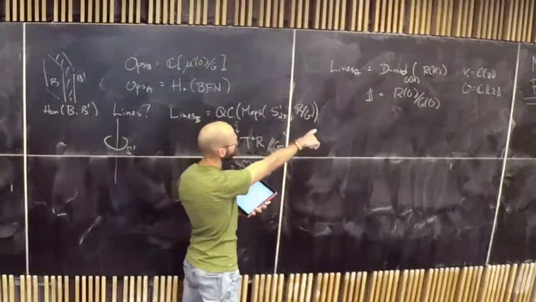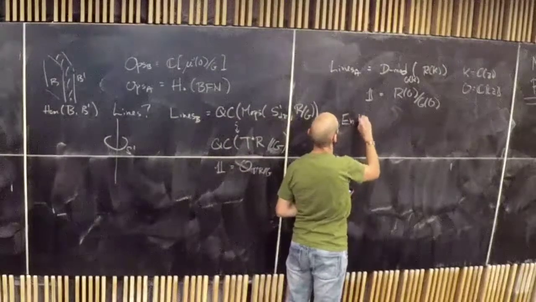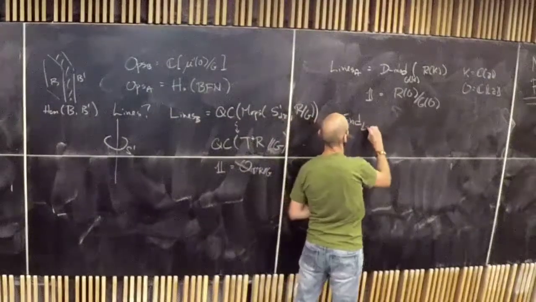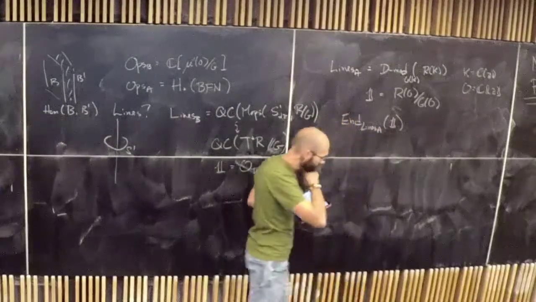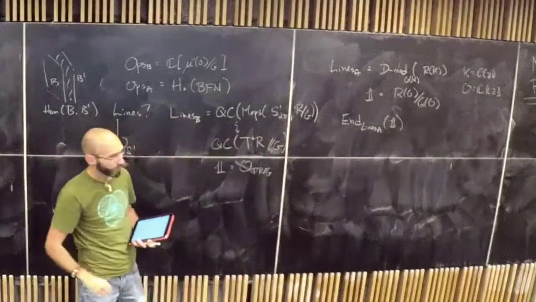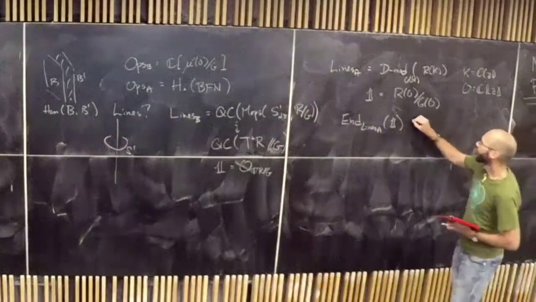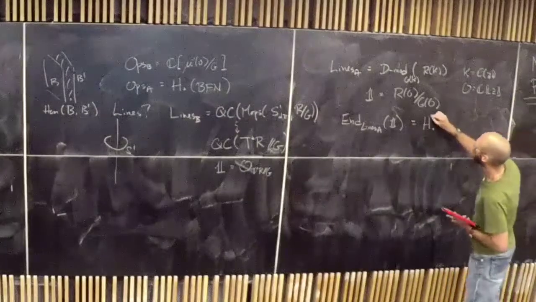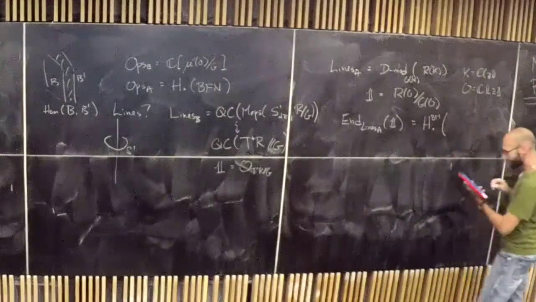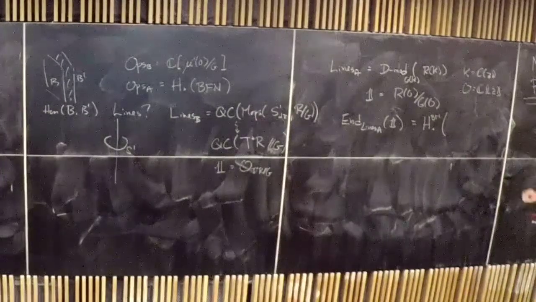A nice thing about the identity line in this formalism is that endomorphisms of the identity, by a result of Ben-Zvi and Nadler, or Ginzburg, lead you to the BFN construction. So this is the homology of the BFN space, which I will write like this.